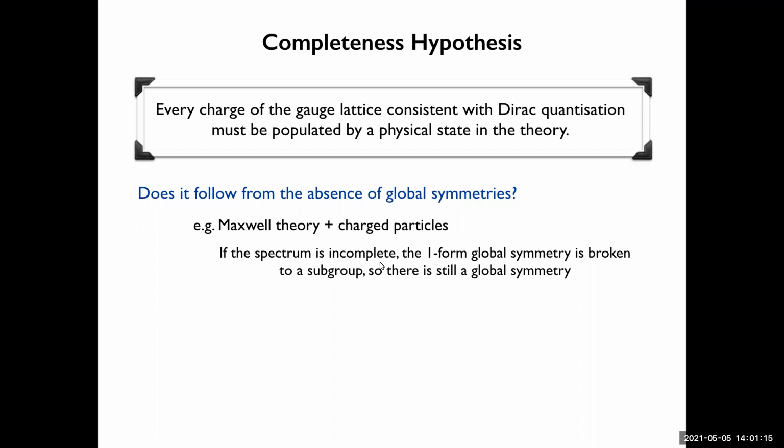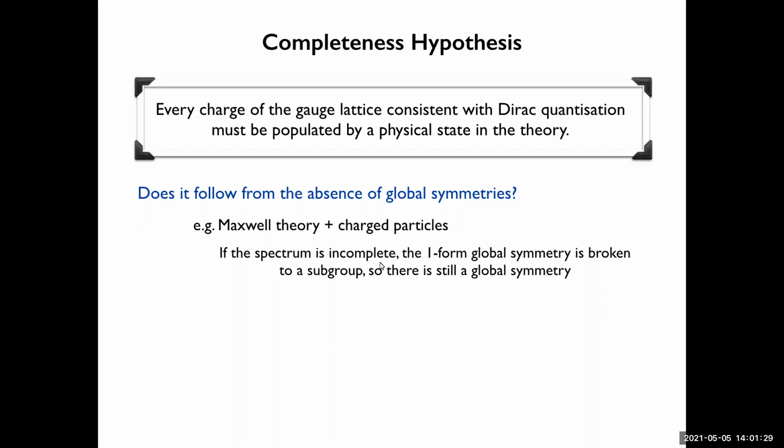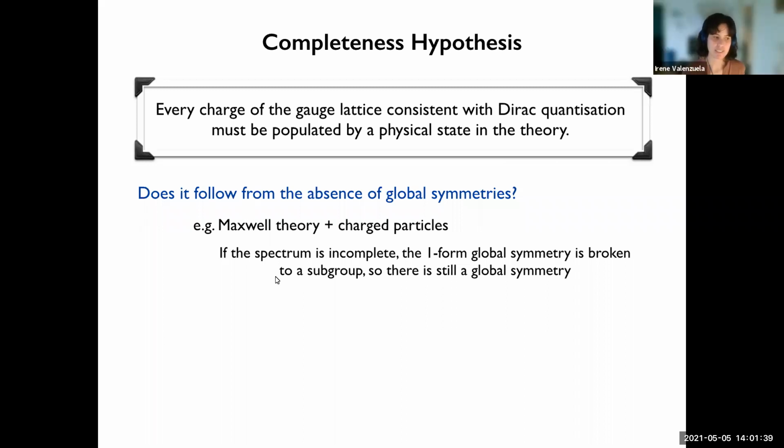Irene, is the existence of every charge equivalent to the existence of a minimal charge state? No, I mean, just from the point of view of breaking, say, a one-form global symmetry, you just need to have a minimal charge state so that all Wilson lines can be screened. If you just have one gauge field, then yes, you just need to have the minimal charge state, because then you can have multi-particle states, right?